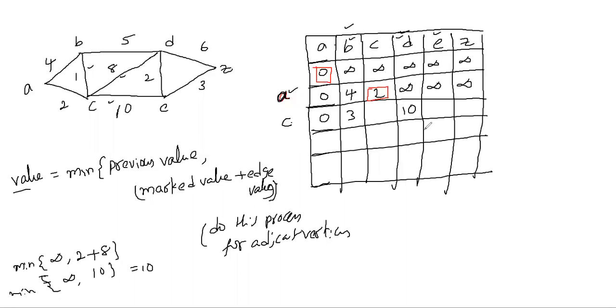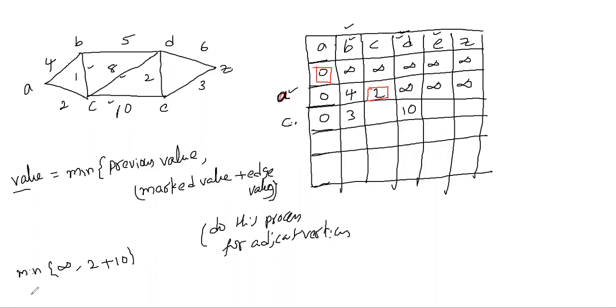Next, how to update E. When you come to E, minimum of previous value infinity, comma marked value 2 plus the C to E edge value, which is 10.